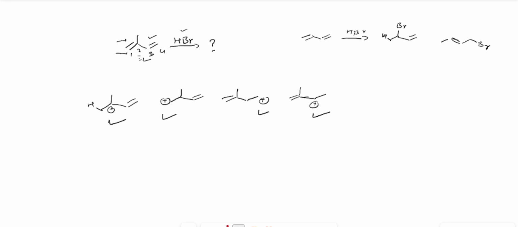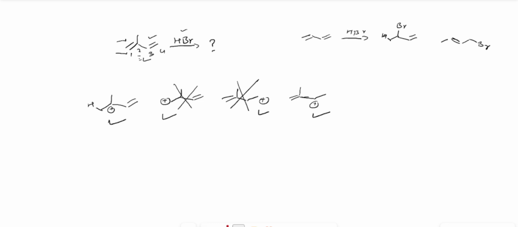So when we have a secondary and a tertiary carbocation, we cannot have a primary carbocation. So the possibility of the formation of these two carbocations would be the least, almost zero, because these are primary and also they are not conjugated.